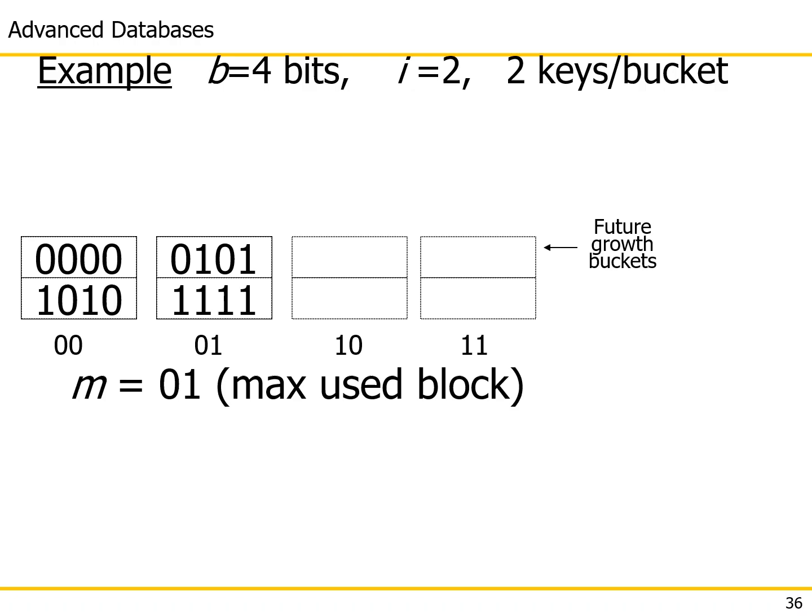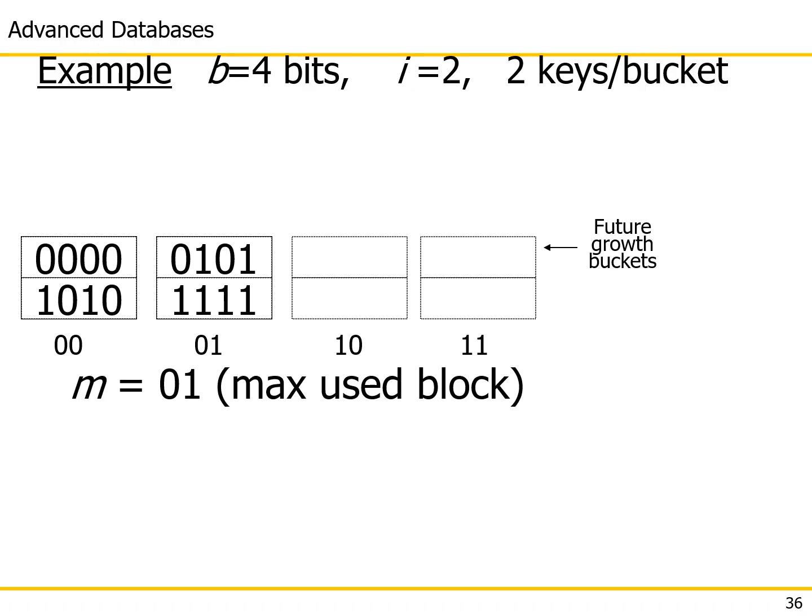The last thing we are going to mention before I show you how it works is the M variable. M is telling me what is the last bucket I could work with currently. So I always start from bucket 0, and then I keep getting buckets. I would like to know what is the last bucket in my set of buckets. I know what the first one is, which is 0. But what's the last one? Here again, it's a simple scenario. The last one is bucket number 1.